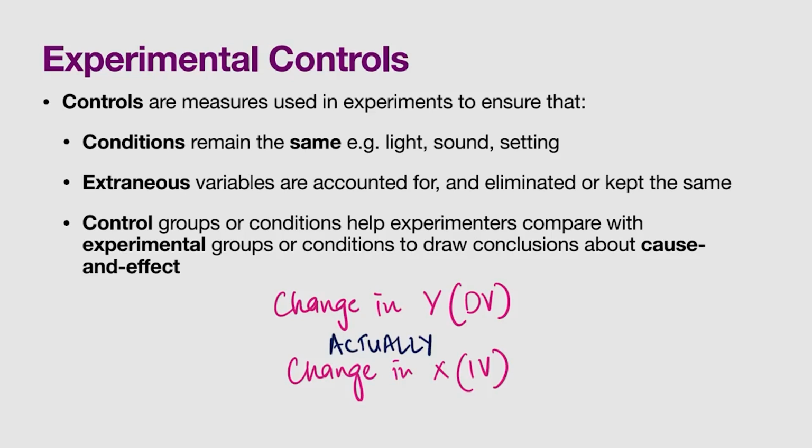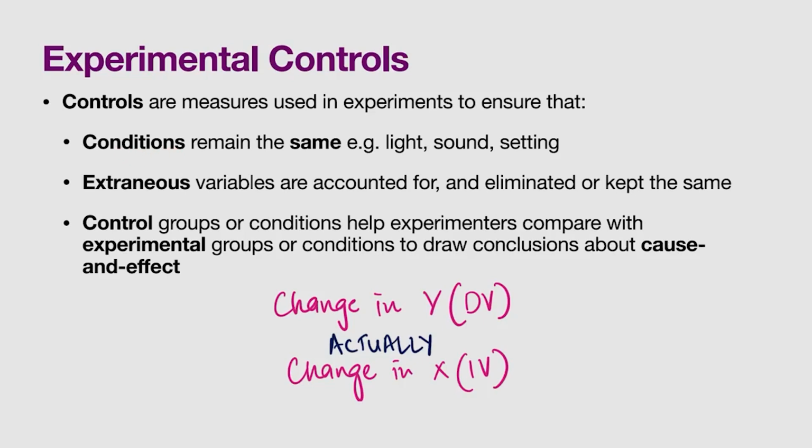So when you're evaluating any kind of experiment, the first most important thing you need to do is to ensure that you look at the kind of experimental controls that have been used. So you would want to look at the conditions that were present in the experimental setting and the control setting, which is a group of people who do not receive the independent variable.